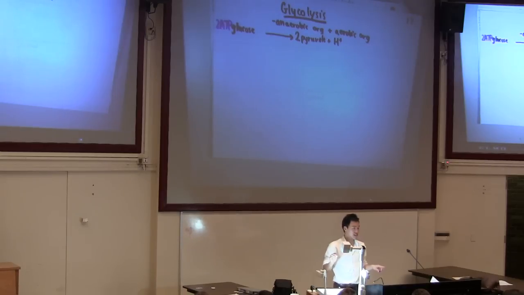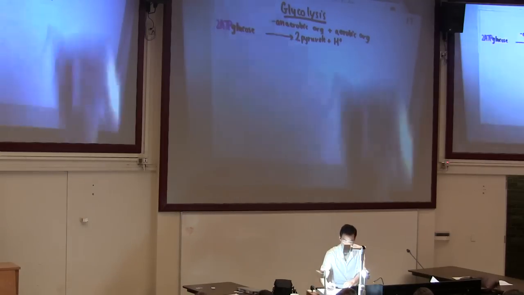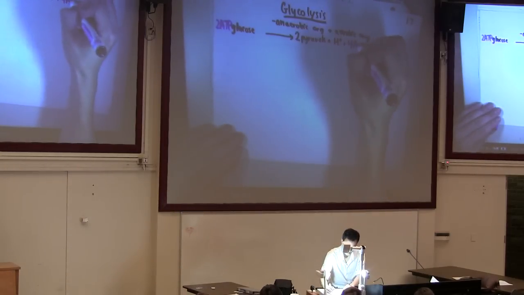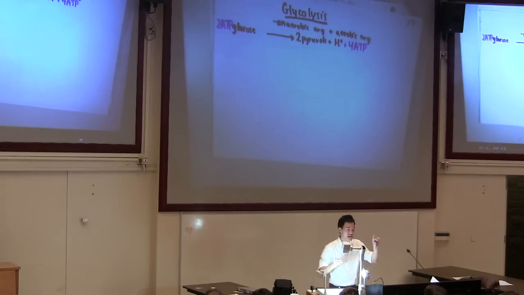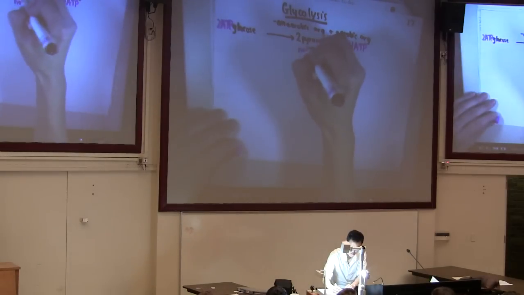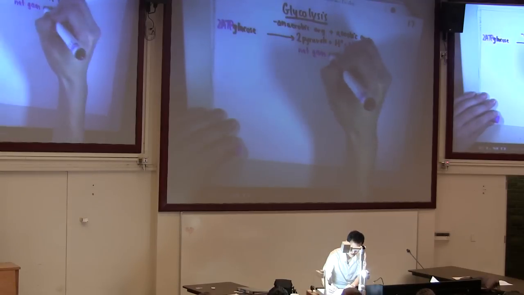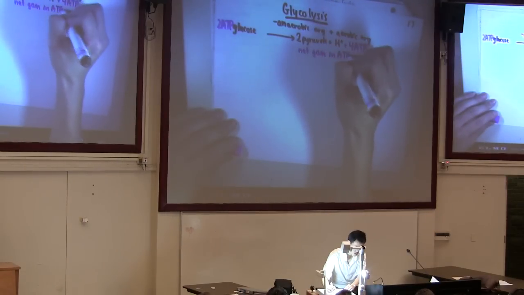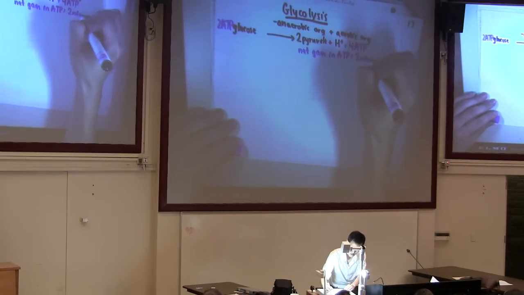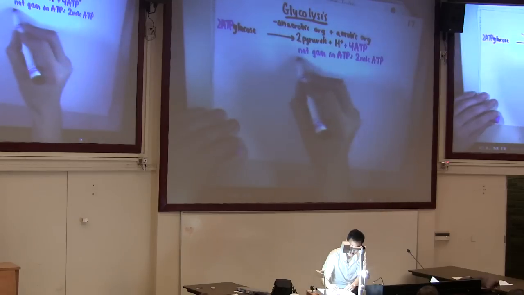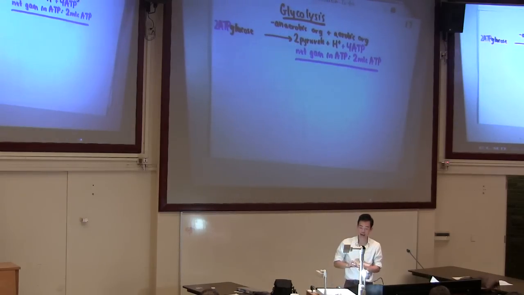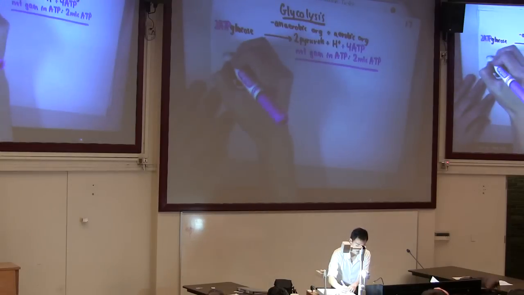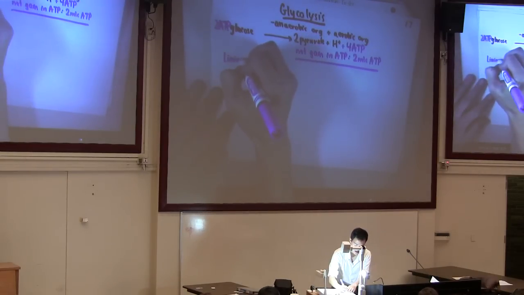How many molecules of ATP are produced? 4. So what's the net gain in ATP? 2. That's the net gain of glycolysis, right? And everything that does respiration does glycolysis, okay? So with that said, what are some limiting factors of glycolysis?